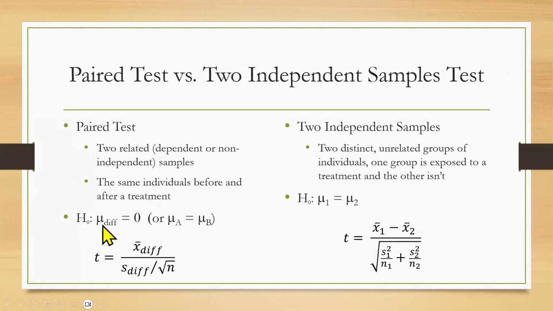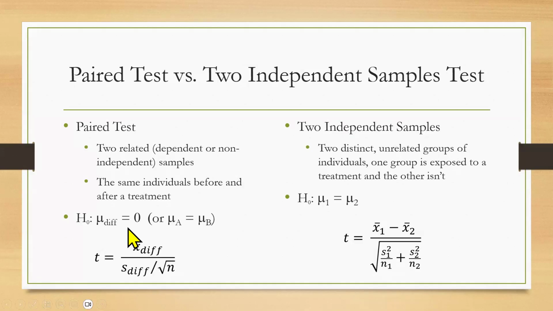Either the true mean of the difference between the before and the after is 0, or we can write it as mu after equals mu before. And we're going to do a lot of examples using this before and after because I think it's the simplest way to think about how these experiments work.